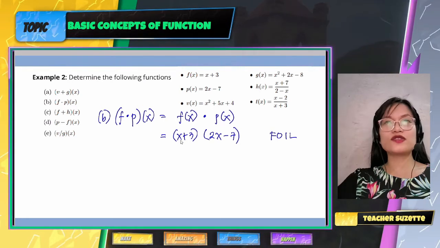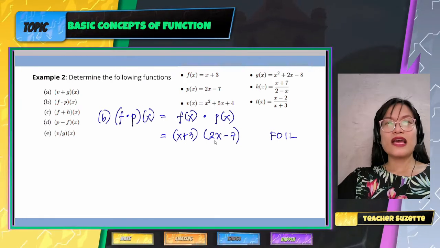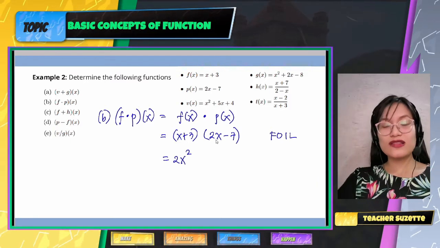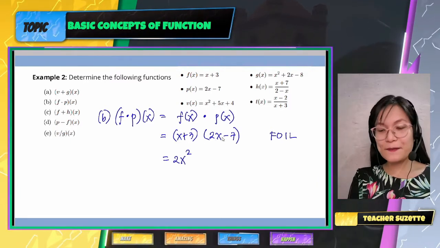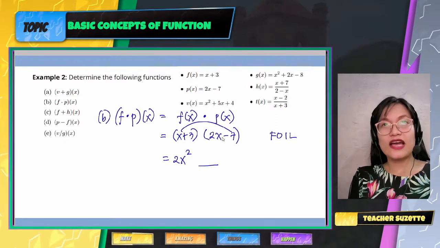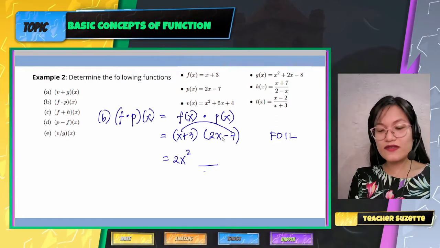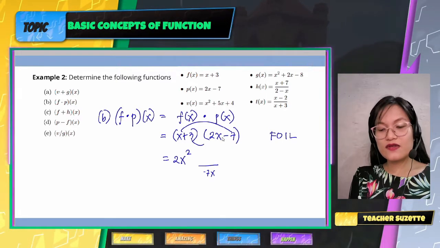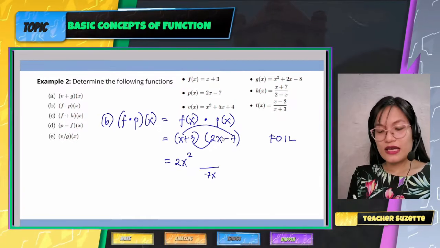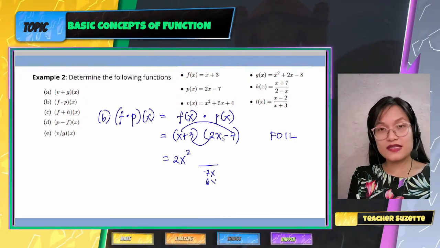So, first term, x times 2x, that is 2x squared. Then, to get the middle, we need to multiply negative 7 times x. So, we will have negative 7x. And then, our inner, which is 3 times 2x, is equal to positive 6x.